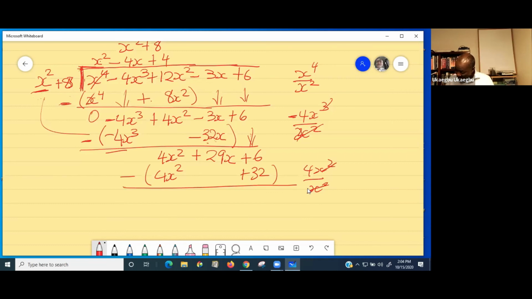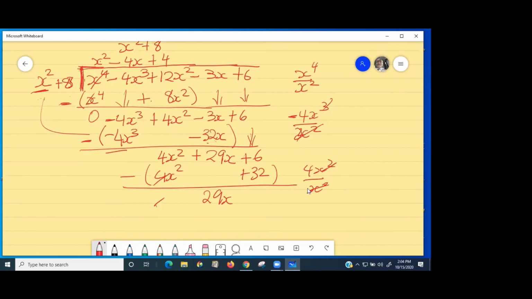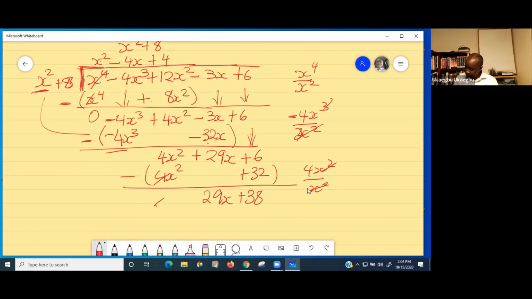And then you are going to be left with, this crosses out. So you bring this one down as 29x. And then you add this one up. What do you get when you add up? Negative 26. Is it 38? No, that's not right.